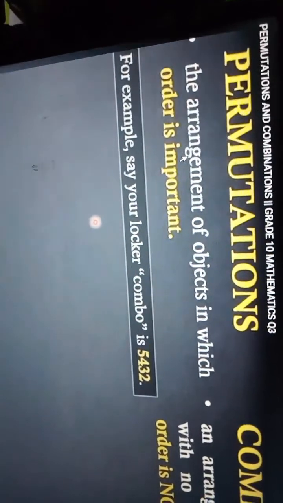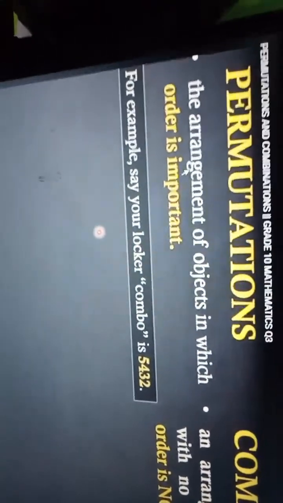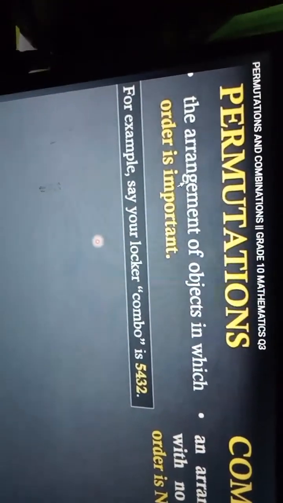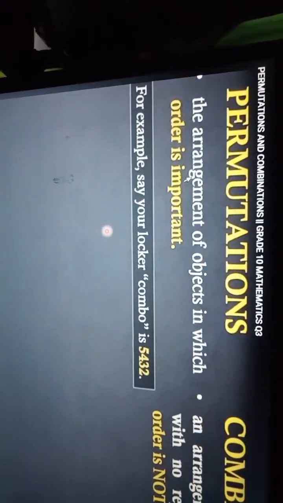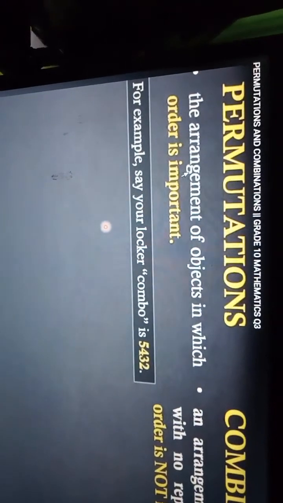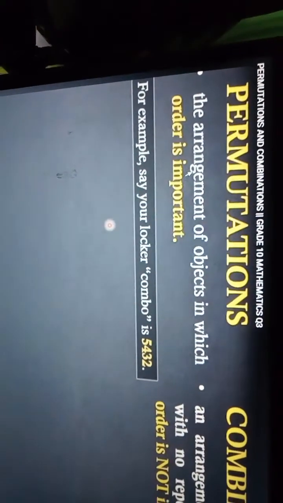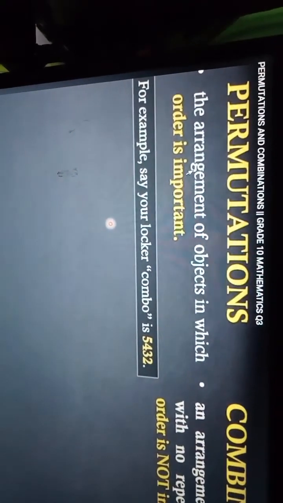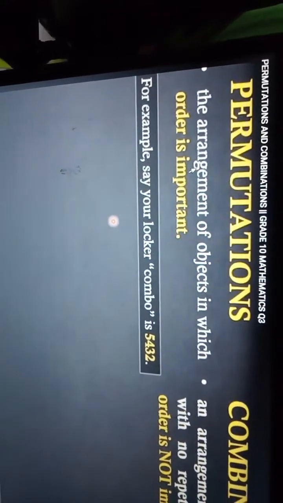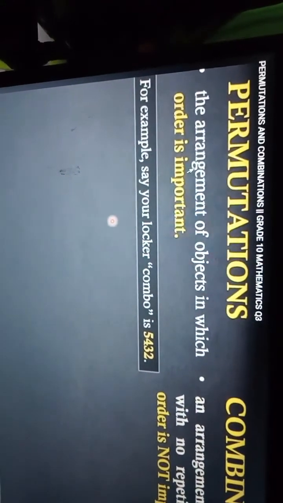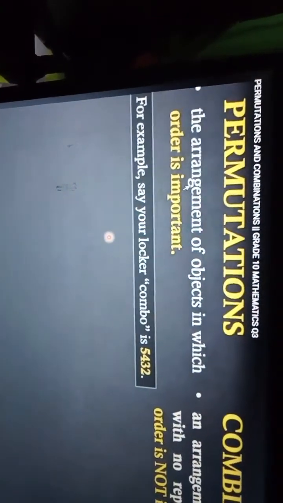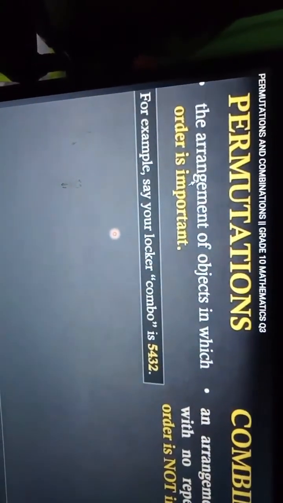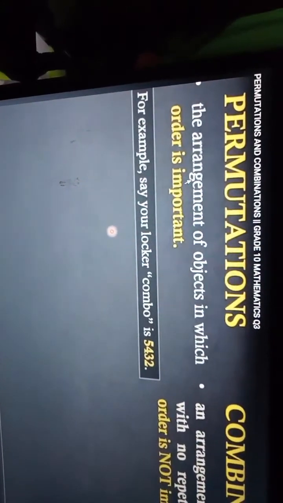Say for example, we have n sub 1, n sub 2, distinguishable objects, say for example, color. We have pink, red, violet. Those are distinguishable, but you must focus on the object.